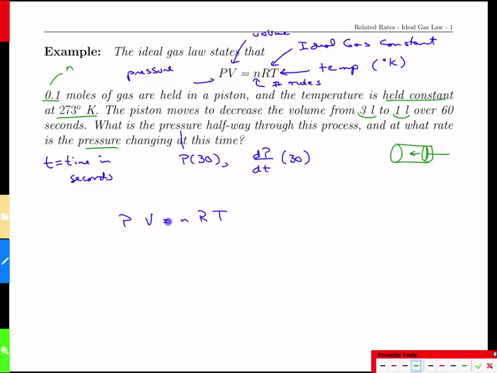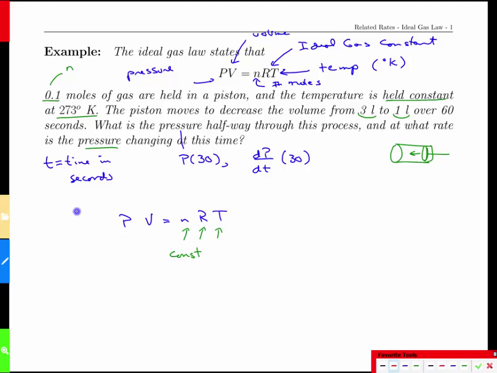However, we need to differentiate all the terms in this expression. One thing we should note, though, is that we are keeping the number of moles N constant. We're also keeping R constant because it is the ideal gas constant. And last but not least, we're also holding the temperature constant. That's not necessarily guaranteed in other scenarios, but here we're maintaining it at 0 degrees Celsius or 273 Kelvin.